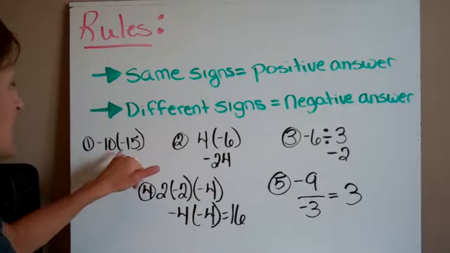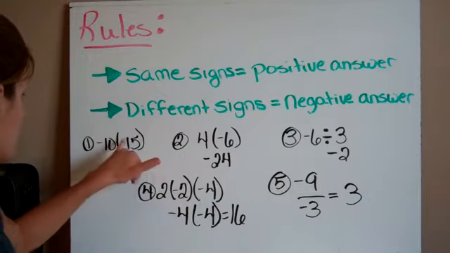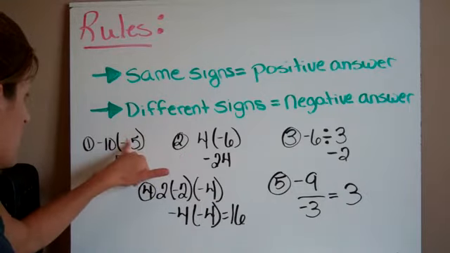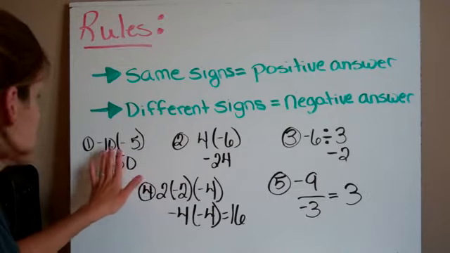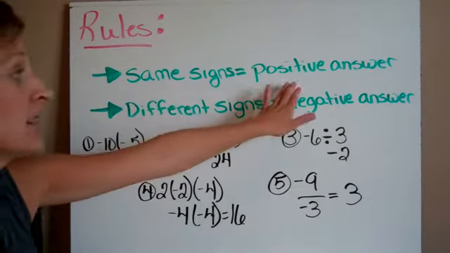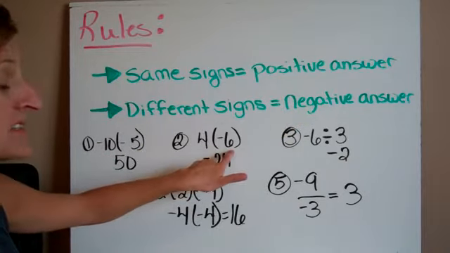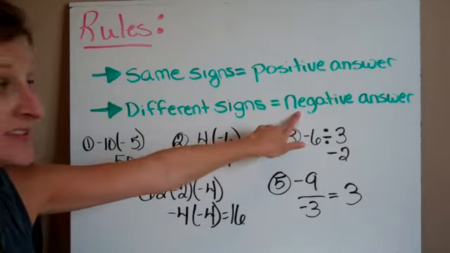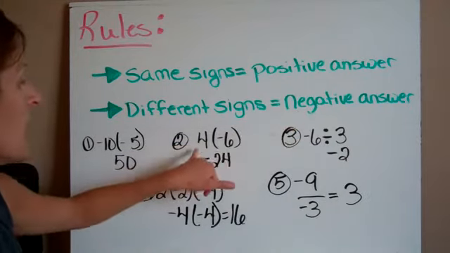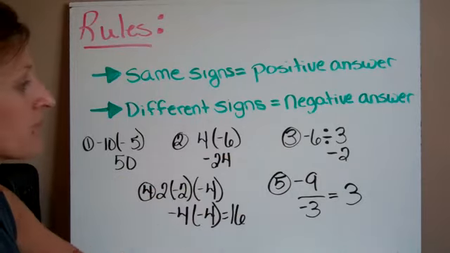So like -10 times -5, that is going to be 50 because 2 negatives, same sign, positive answer. The second one, 4 times -6, different signs, so I'm going to get a negative answer. And 4 times 6 is 24, so my answer is going to be -24.